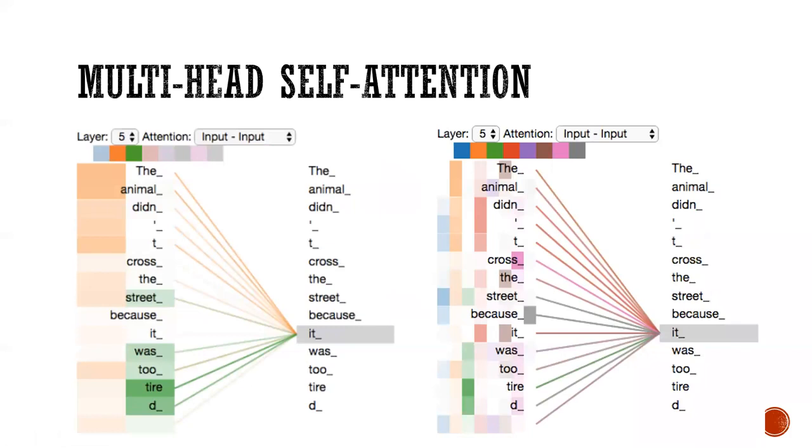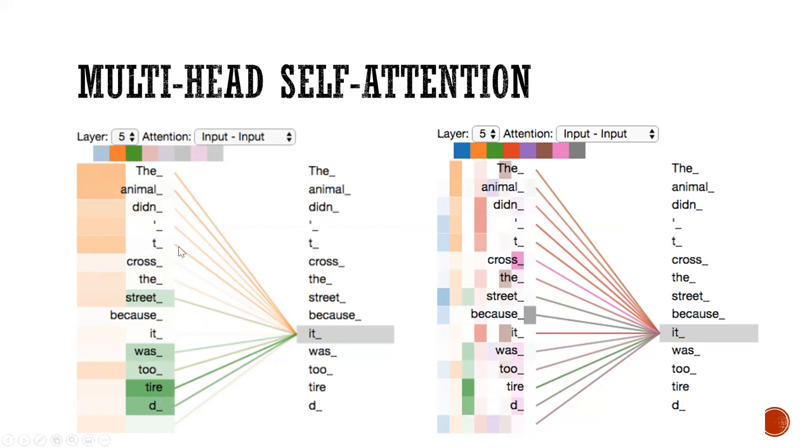This also gives you an example. If you use 8 heads, this shows you, for each head, which words that word is paying attention to. Different heads give you different attention scores.